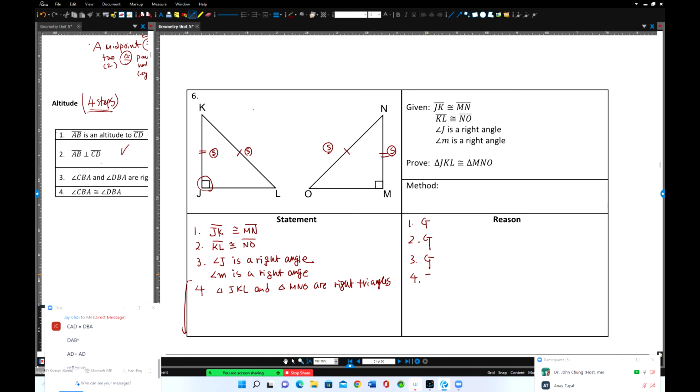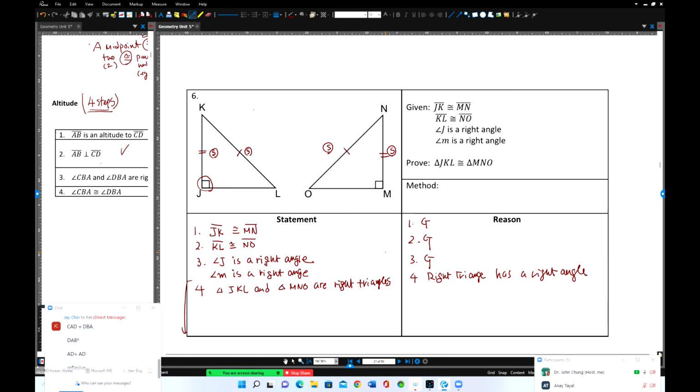The reason is what? A right triangle has a right angle. That's why, because these two are right triangles.